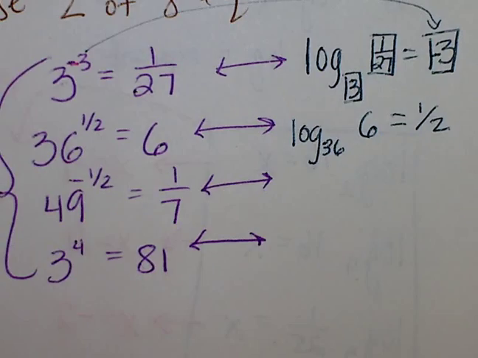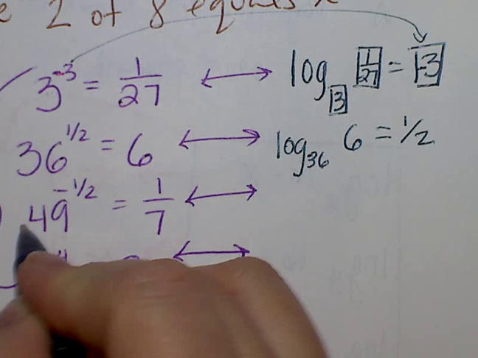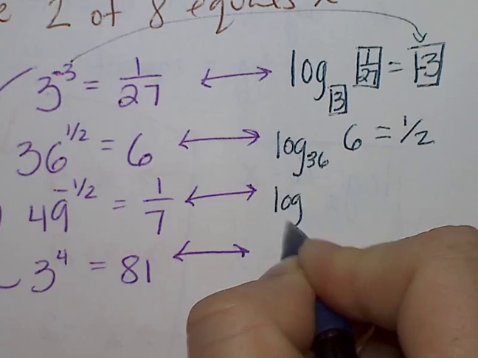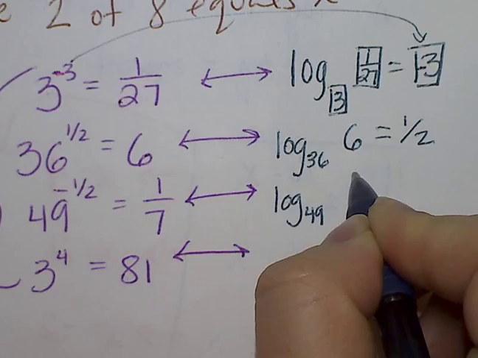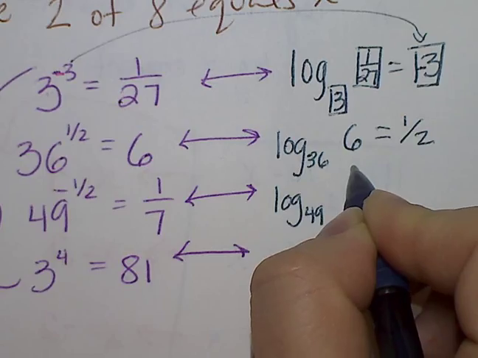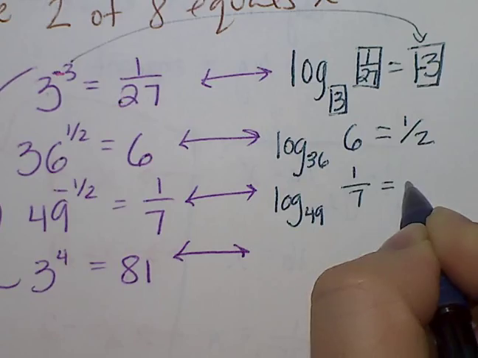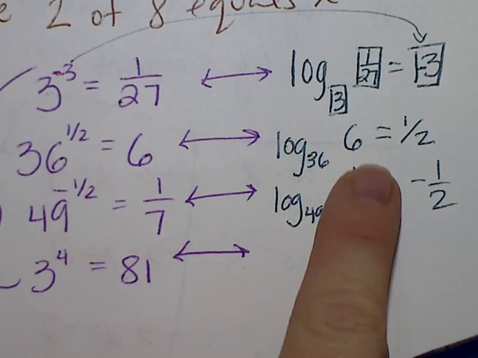Okay, next one. Let's go with Nick. Read for me. Log base 49 of 1/7 equals 1/2 or -1/2. Nice job, Nick. Log base 49 of 1/7 equals -1/2.